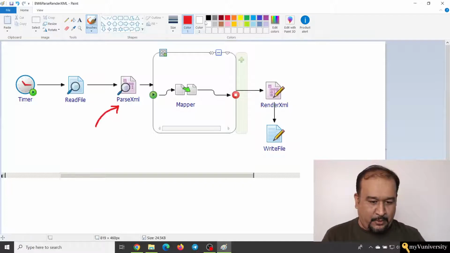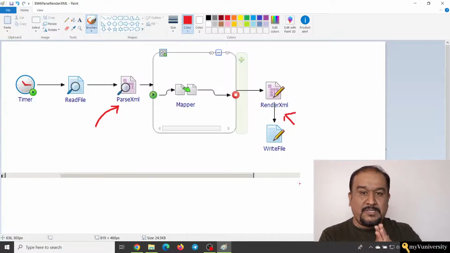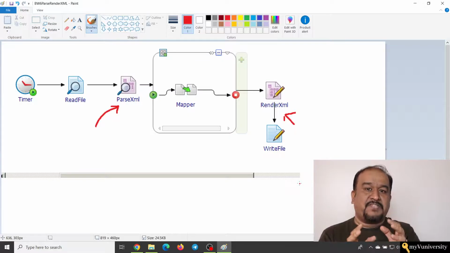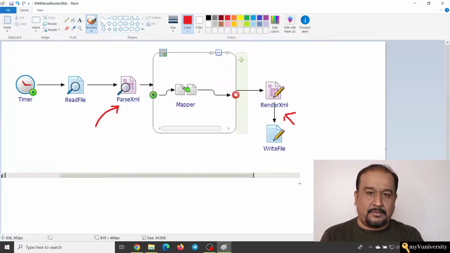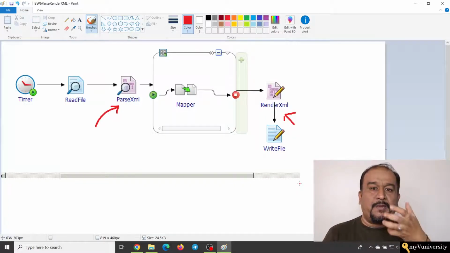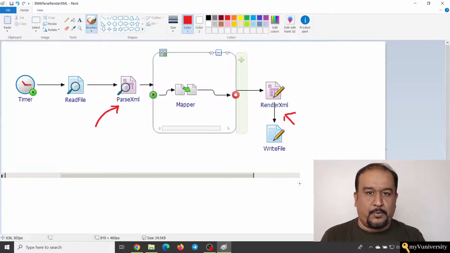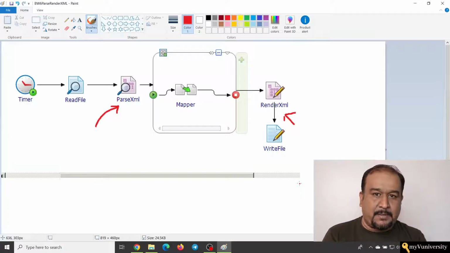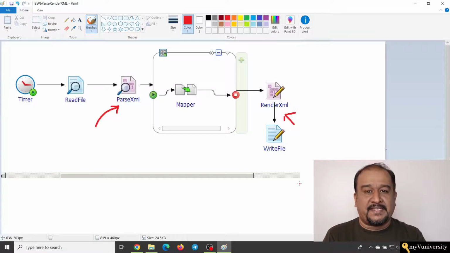Now the other scenario is also included in this same snapshot. So suppose your receiver application, the application which is coming after the Tibco BusinessWorks, wants XML from the Tibco project. So your project should actually generate the XML again with some schema, with some XSD, XML schema definition.